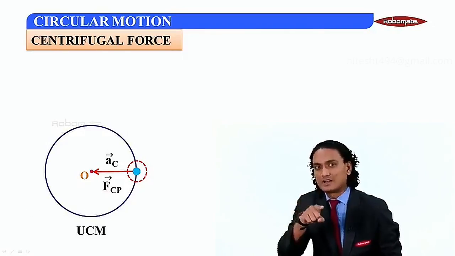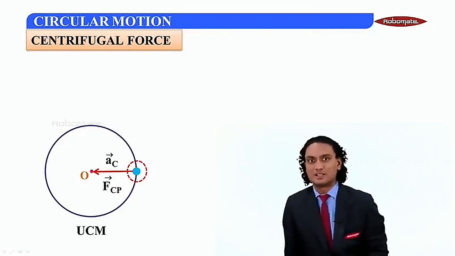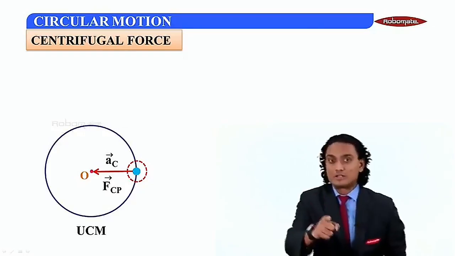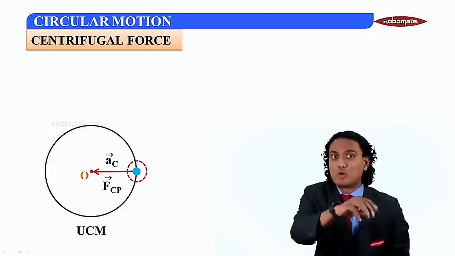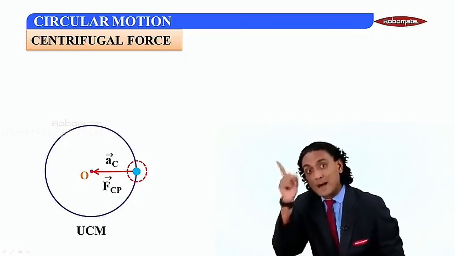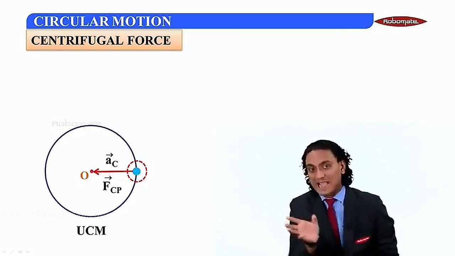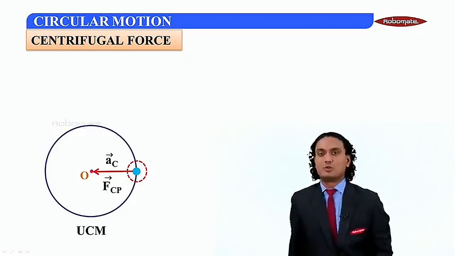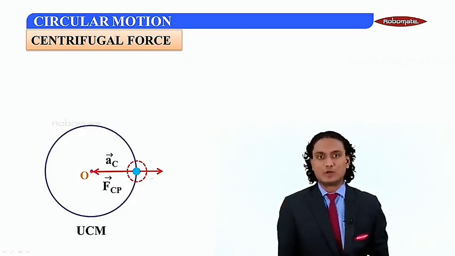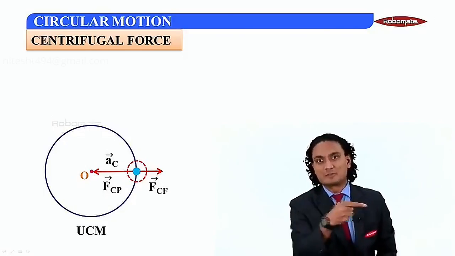So acceleration means that frame of reference will become a non-inertial frame of reference. So then what will happen? In a non-inertial frame of reference, you will have a pseudo force. So that is called your centrifugal force. So if you take the particle as the frame of reference, that particular frame of reference is accelerated, so you will experience a pseudo force called centrifugal force. And that force will be acting outward, away from the center.